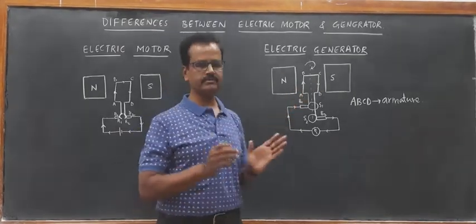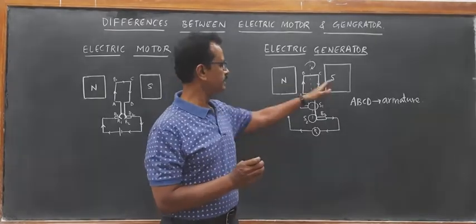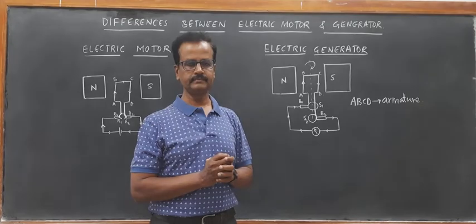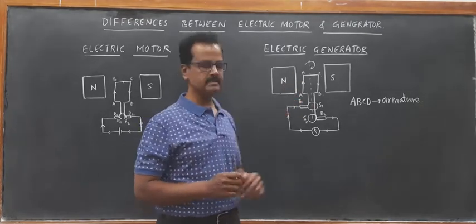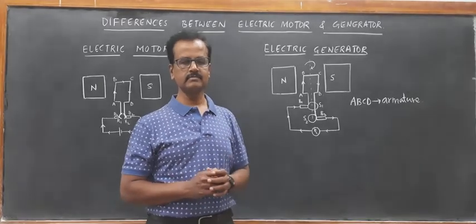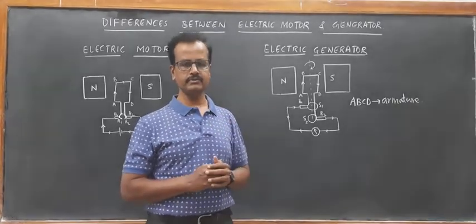Greater the strength of the magnetic field produced by these pole pieces, more is the electric current. Then the very important thing is the number of turns. More the number of turns, more is the current produced.